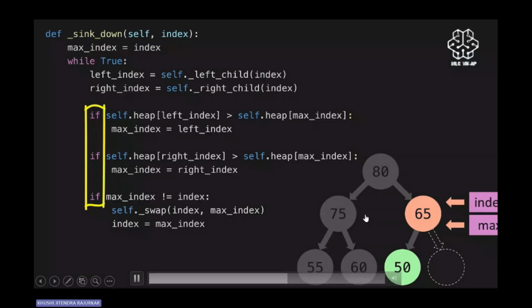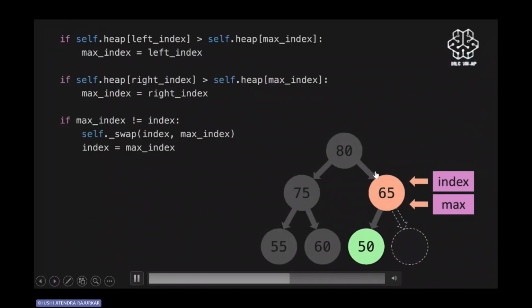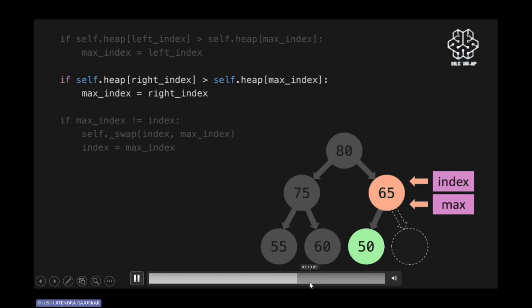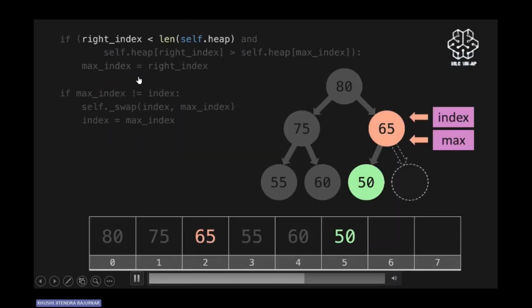If left index is less than the length of our heap, and if right index is less than the length of our heap, then we shall be running this left index and right index code. Otherwise, our code shall not run. As you can see, if right index is less than the length of our heap, so for example, if the right index here is 6, but there is nothing at this 6 location, so our code wouldn't run in that case. Comparison wouldn't go on here.